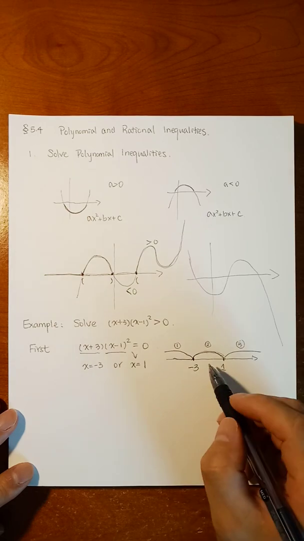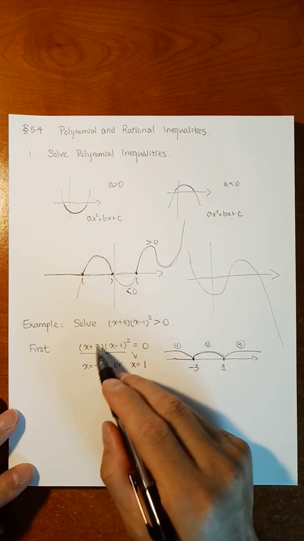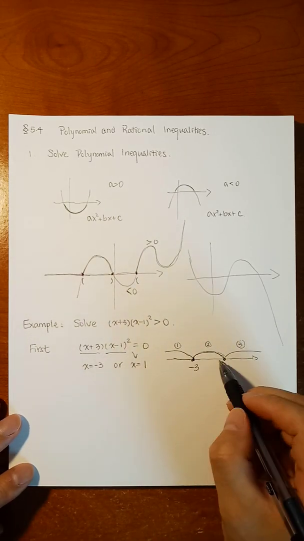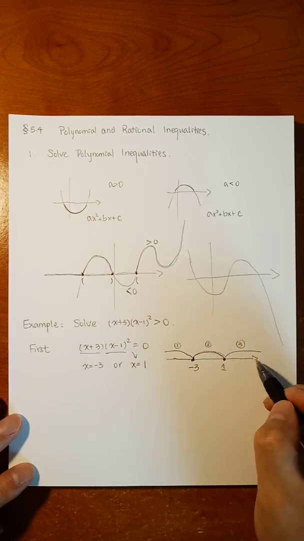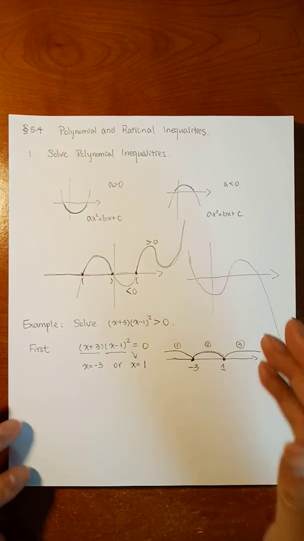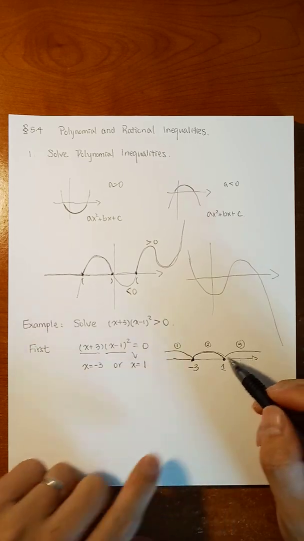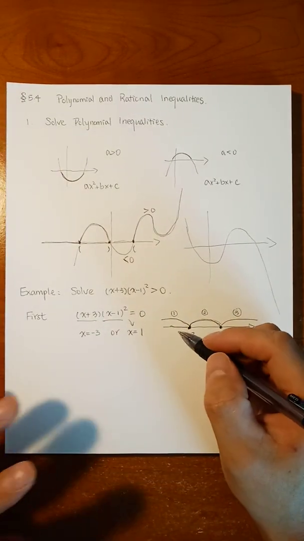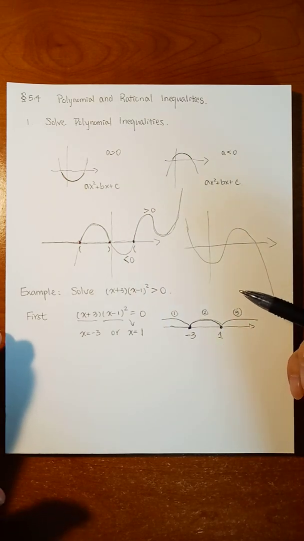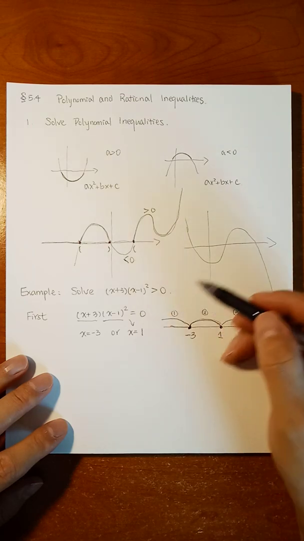Okay, so far, we first get the solutions of the equation for this polynomial. And then we label those solutions of the equation on the number line. And those solutions will divide the number line into several pieces. Here we divide it into 3 pieces. The thing is, that's all I know so far. I don't know whether the graph will be up, down, up, or what else.